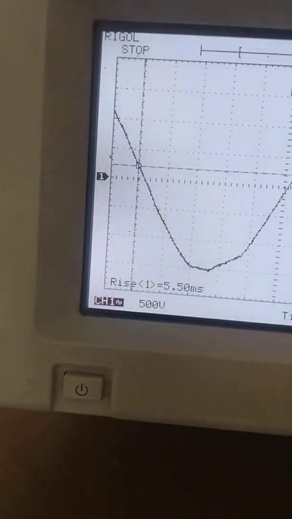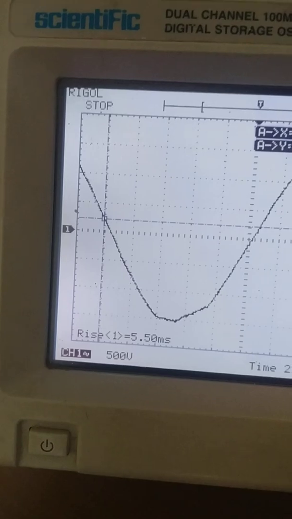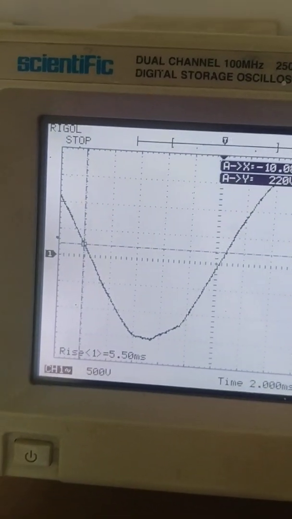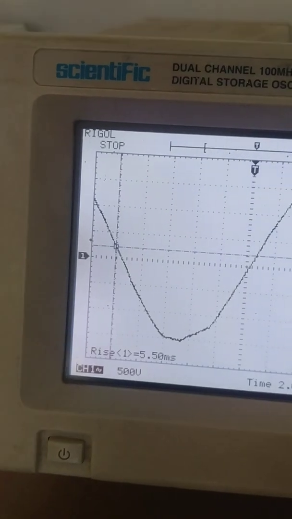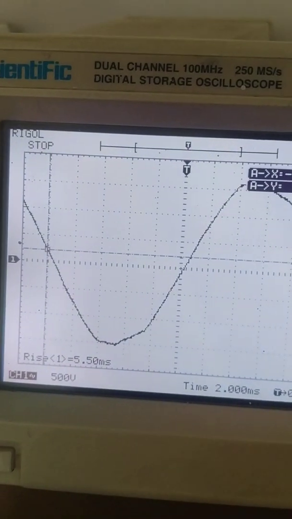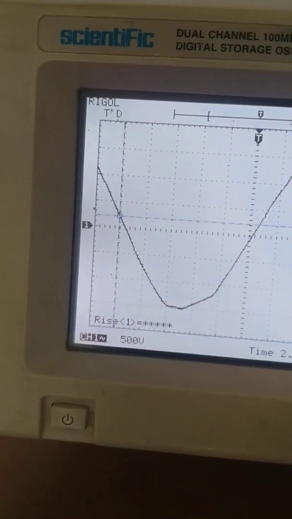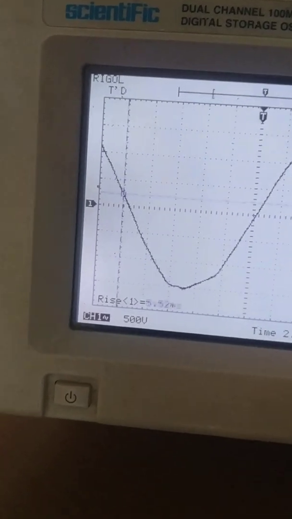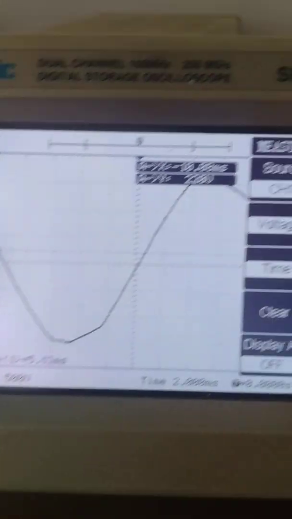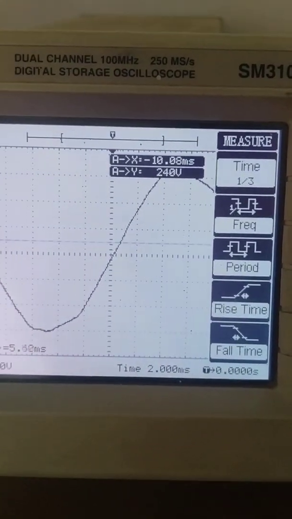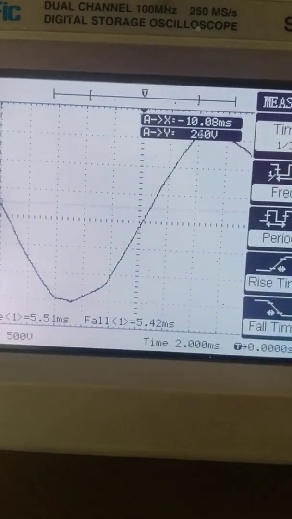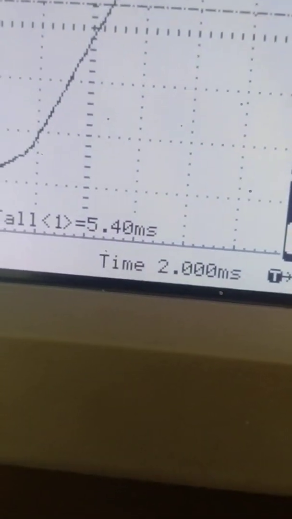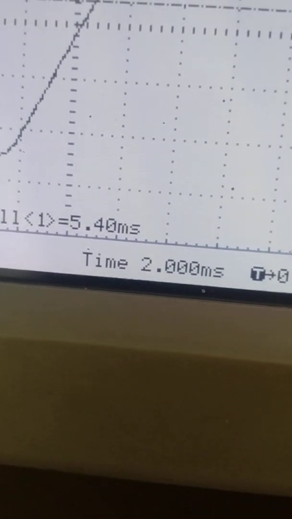Similarly, fall time for this circuit is also 5.40 millisecond.